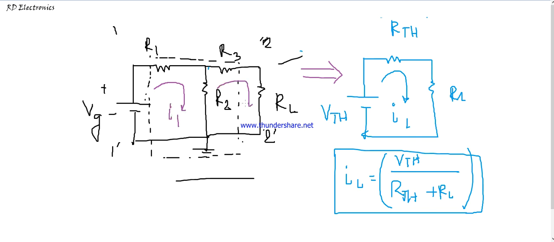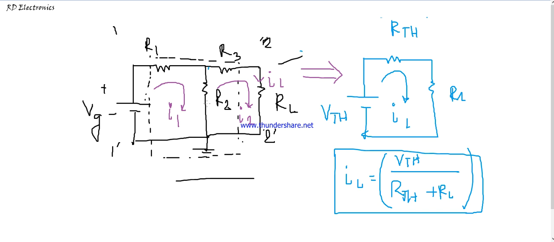If we apply mesh analysis, after some KVL equations, we can get I1 and I2 using the matrix method. So this is a very complicated method to measure the load current. Load current means this current. This IL equals I2 also. I just mention a different name.